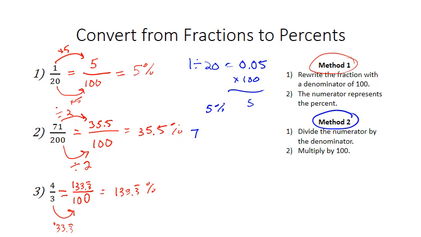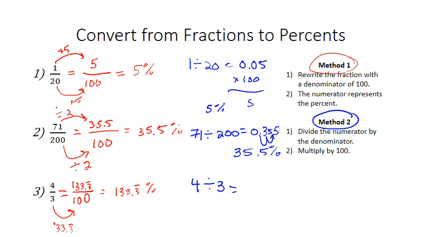Same thing here, I'm going to take 71 divided by 200, gives me 0.355. I multiply by 100 or move the decimal place over twice, and I get 35.5%. Last one, take 4 divided by 3.